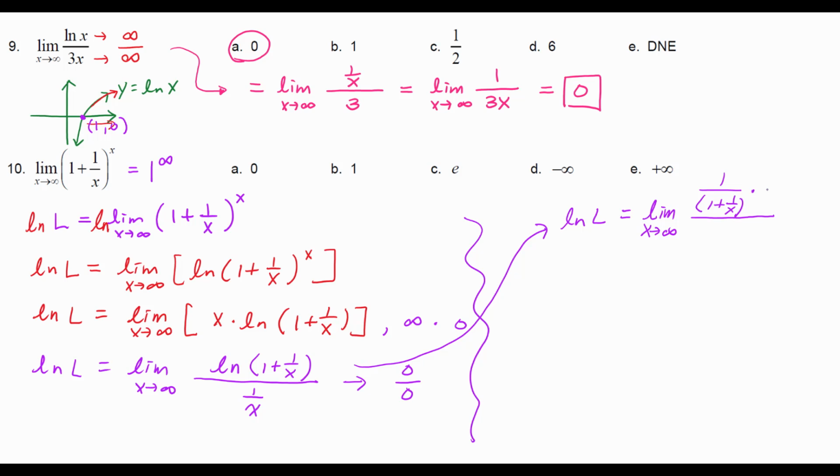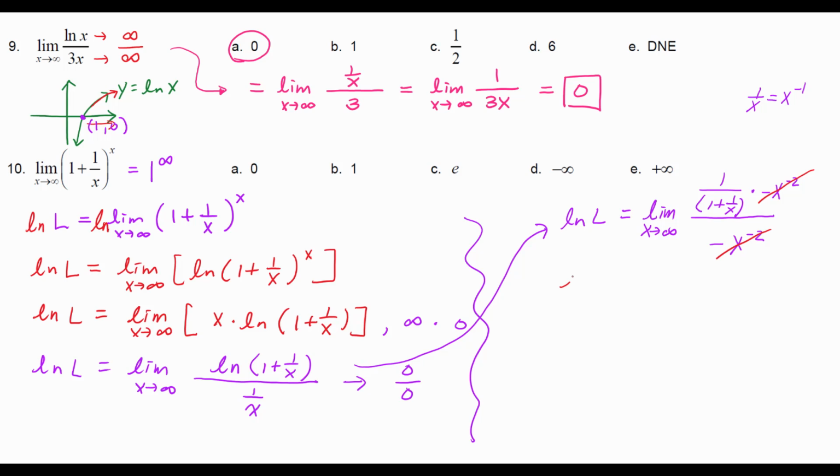Derivative of 1 is 0. Derivative of 1 over x, which is x to the negative 1 power, is negative x to the negative second power. And my denominator is 1 over x, so I know the derivative is negative x to the negative second power. So now I can cancel these. And of course, negative over negative becomes a positive.